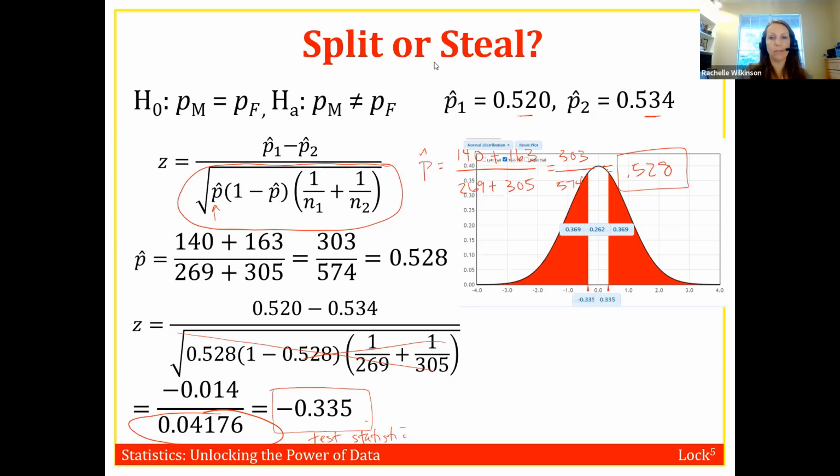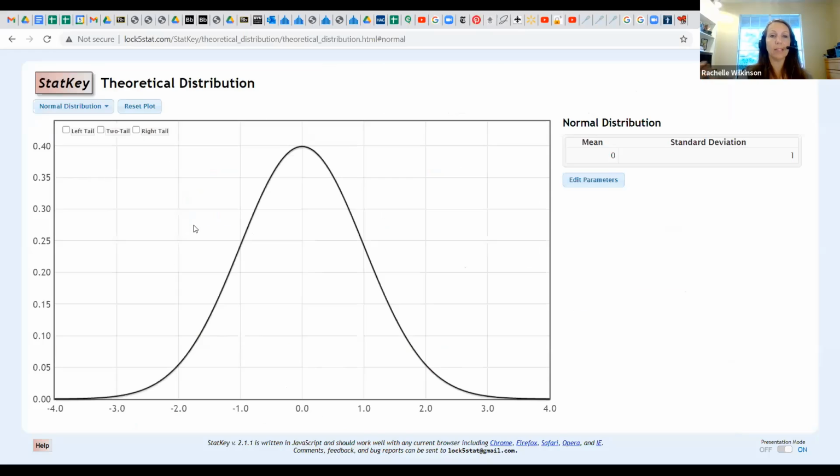Back to StatKey then. Because it was a two-sided test, not equals, I'm going to click on two-tail. I enter my test statistic on the left side if it was negative, and on the right side if it was positive. Mine was negative 0.335, so I enter it in the left bottom box here.